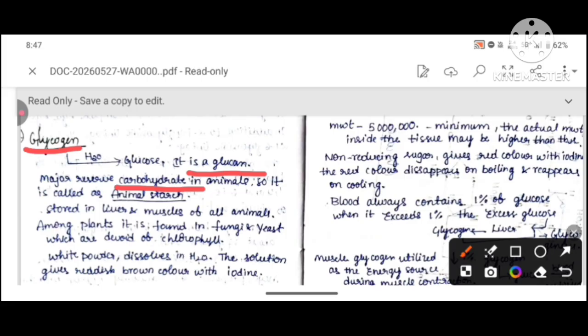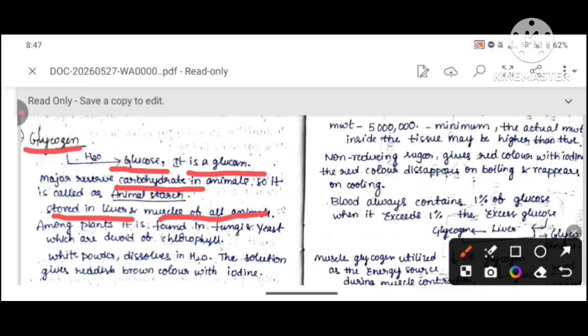The excess amount of food in the animal body is stored in the form of glycogen in the liver. Whenever the body needs glucose or wants to produce energy, the glycogen is converted into glucose, which is then utilized by the body. Glycogen is stored in the liver and muscles of all animals.